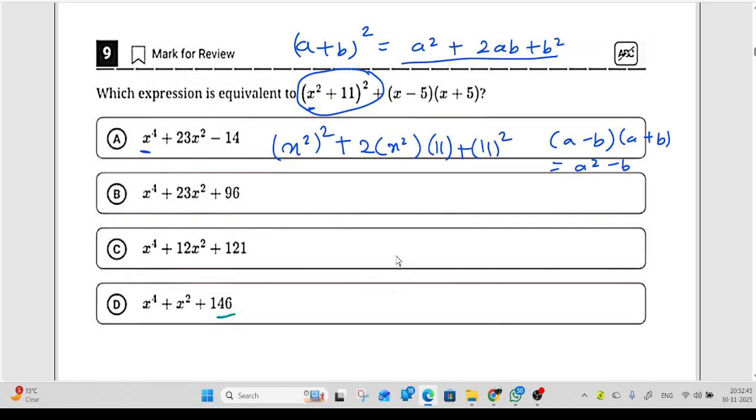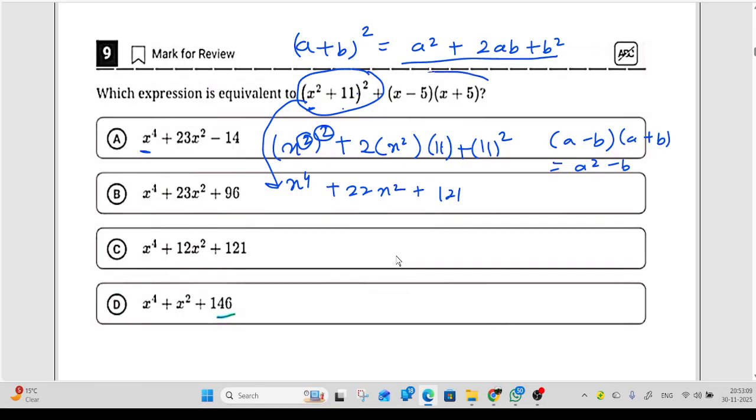If we have a term like this, we multiply these two powers. So this will become x to the power 4 plus 2 times 11, that is 22, x square plus 11 square, right, which is 121. So this is what we got just by solving this term.